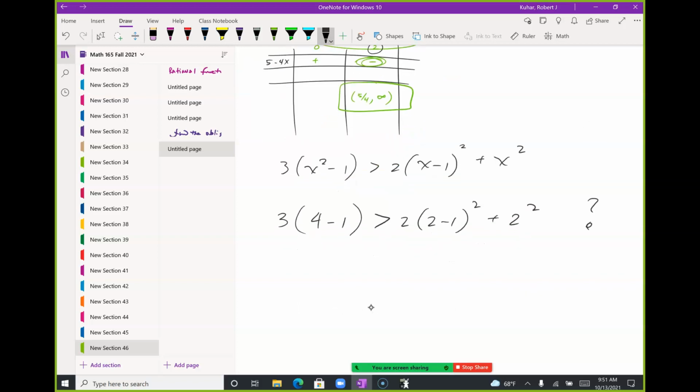I'm seeing if my test value from my sign table, where the answer was, works. So 3 times 3 should be greater than 2 times 1 squared plus 4. 9 is greater than 6, is true. Done.